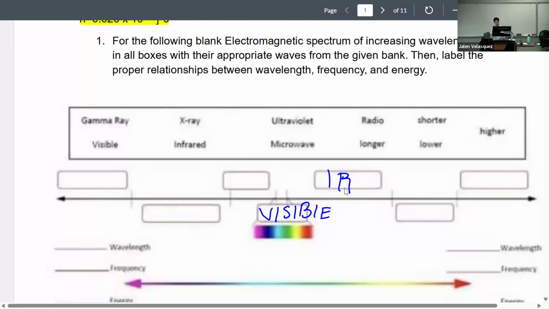This is also what, if you're chilling at home, changing the channel on your TV, your remote uses IR radiation. All right, what's next here? Microwaves, right? And we definitely know about microwaves. Sure, we all have one. And what type of radiation has the longest wavelength? Radio waves, right?